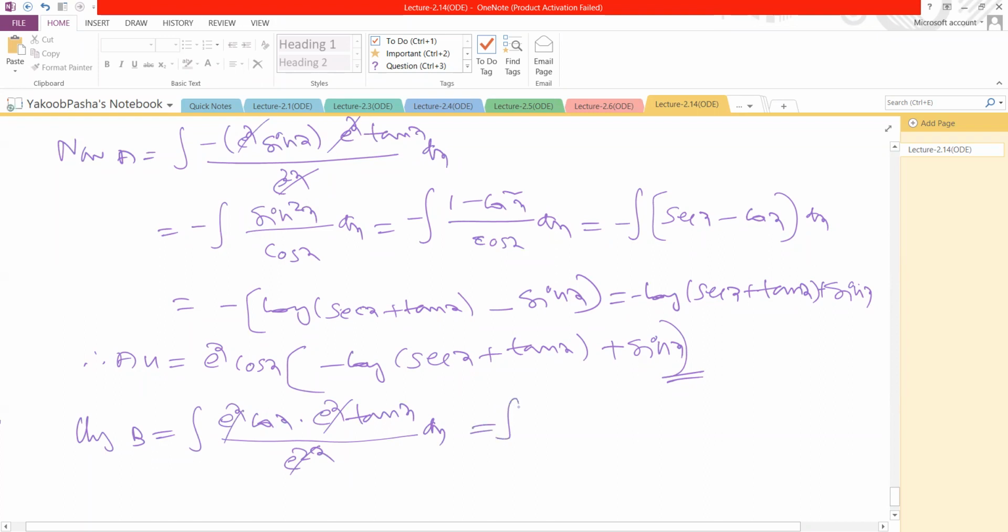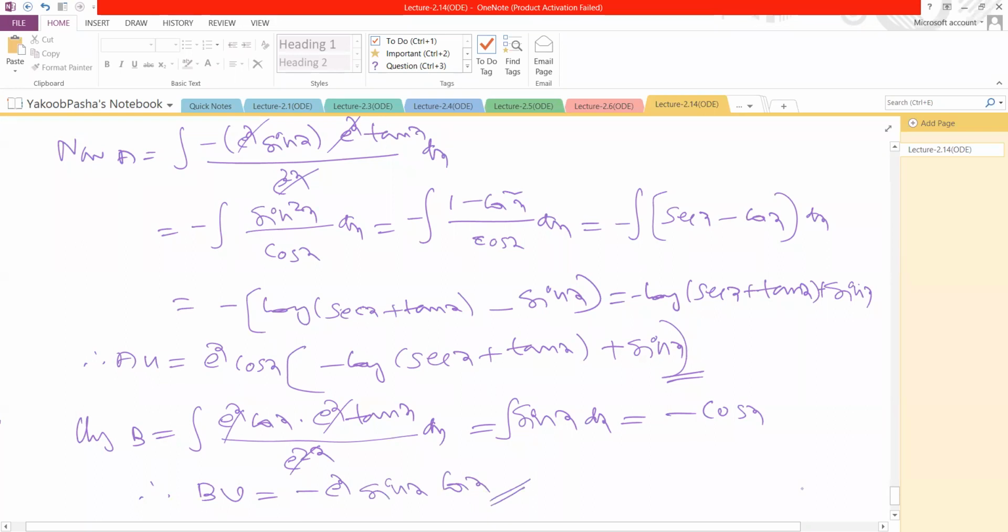That is integration of sin x dx, which is equal to minus cos x. So we can find the V value. V is equal to e power x into sin x. So we get minus e power x into sin x into cos x.